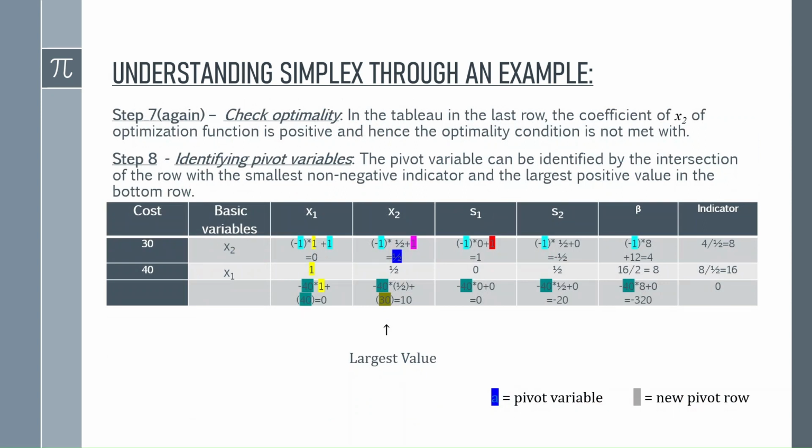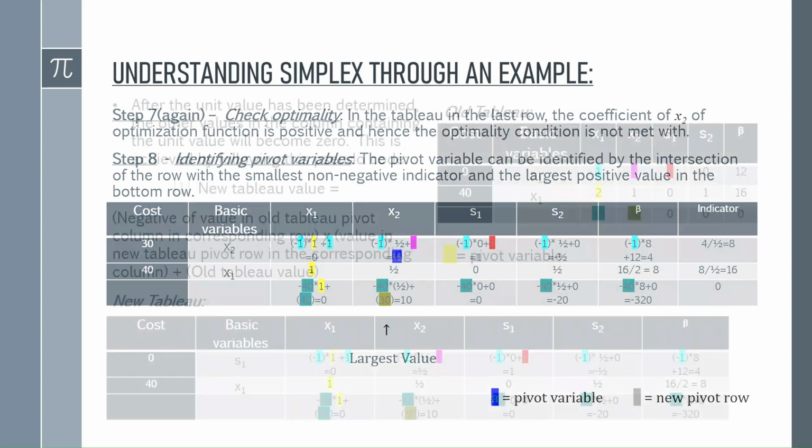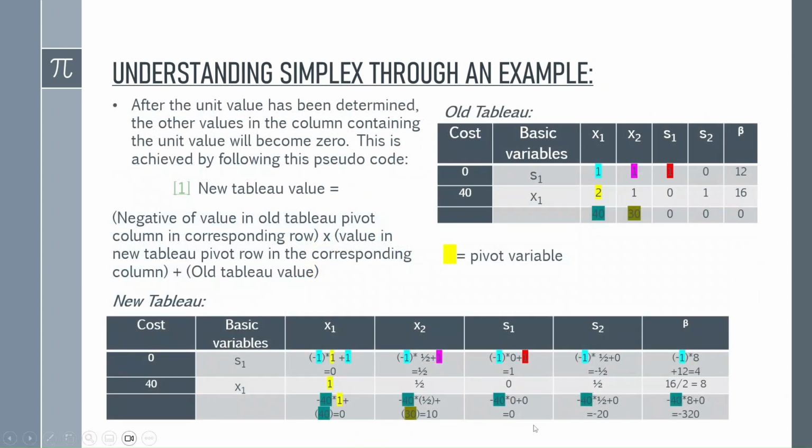Step 7, check optimality. In the table, the last row, the coefficient of x2 in the optimization function is positive. So here, in the last row of the new table we constructed, the last value in this x2 row is positive.